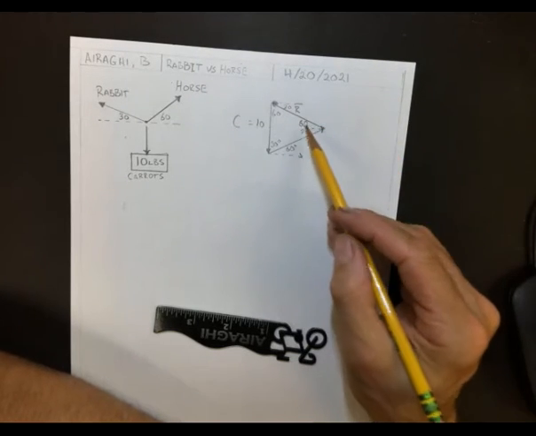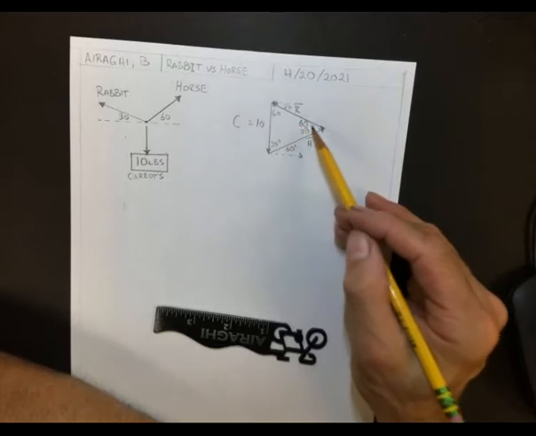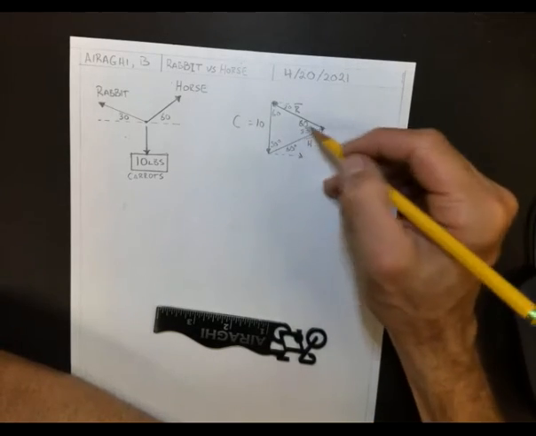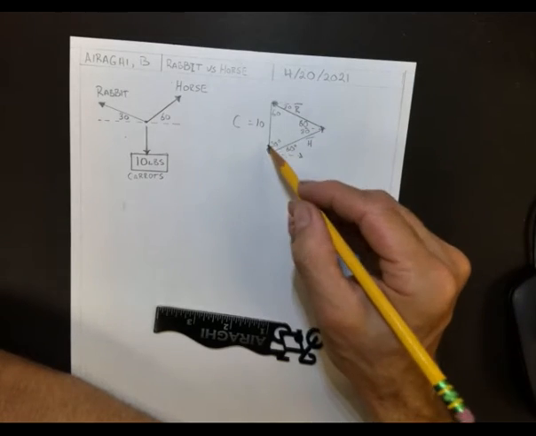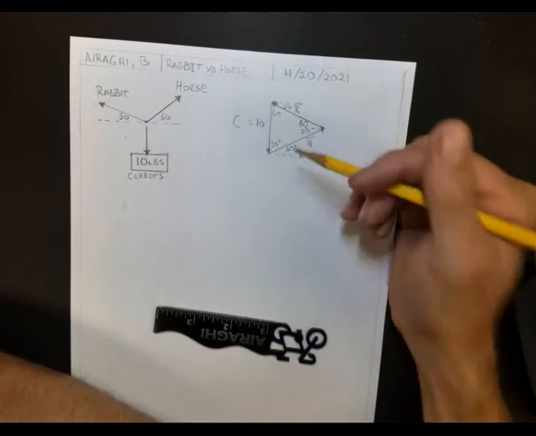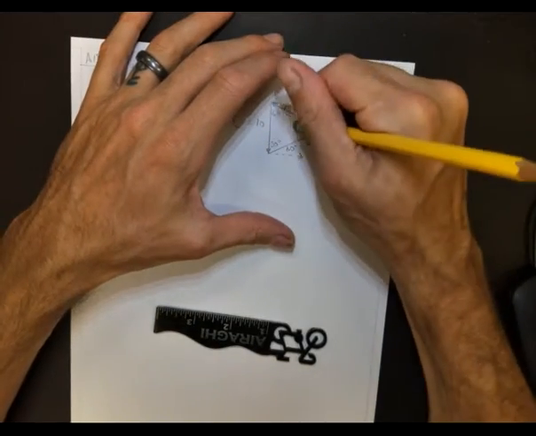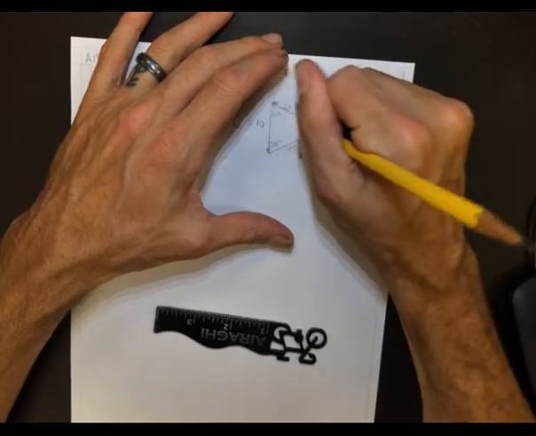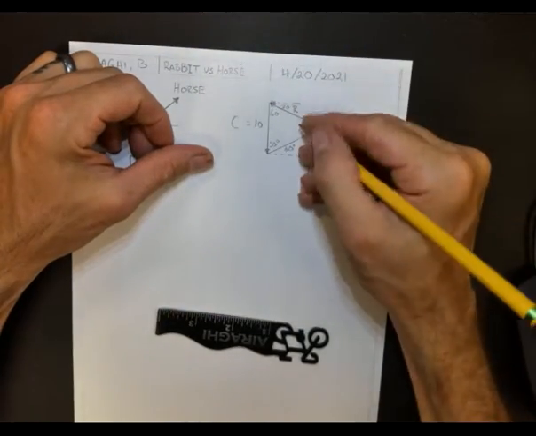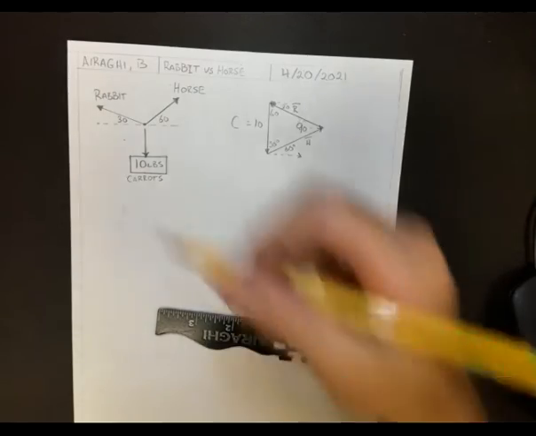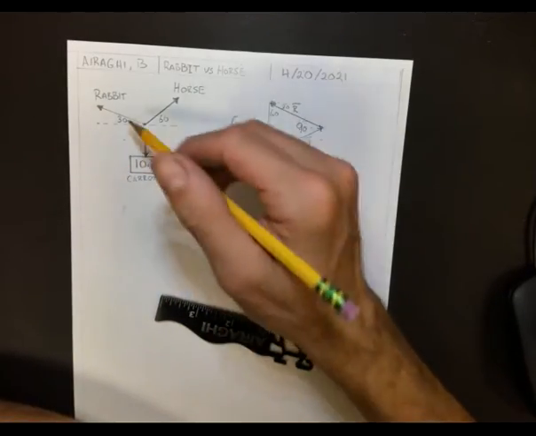So this is 90. It doesn't look like 90, but it should be 90. I didn't draw it very well, but 90 plus 30, which is 120, plus 60 is 180. So this is actually 90 degrees. It's a 30, 60, 90 triangle again.